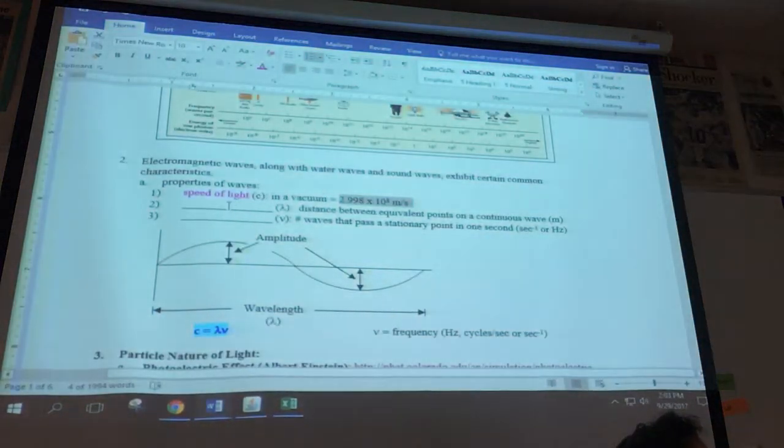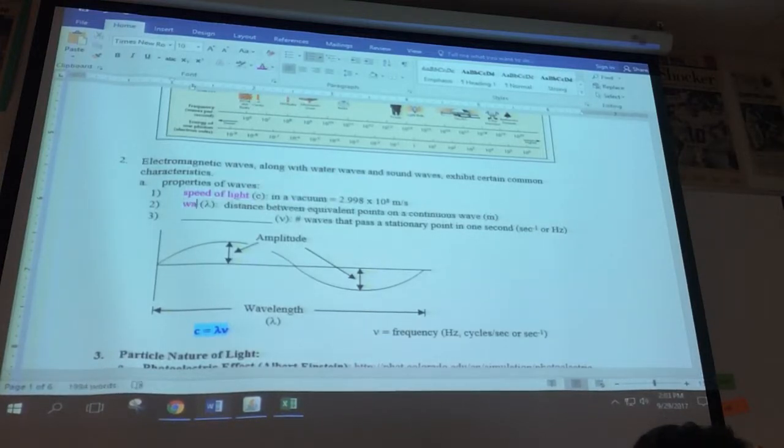Another property or common characteristic of electromagnetic waves is their wavelength. The wavelength, abbreviated with this lambda, is the distance between equal points on a continuous wave. And this must be in meters.